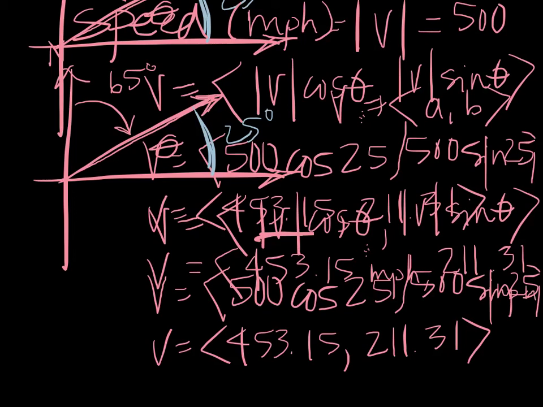When they ask you to do this in component form, that's really what they're doing. If I was going straight east, I'd be going 453 miles per hour. If I'm just going due north, I'd be going 211 miles per hour. But I'm actually going northeast, and this is how you split it up in component form.